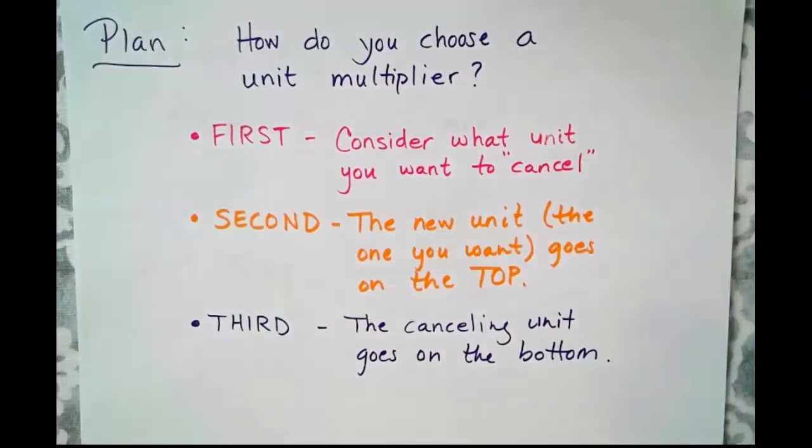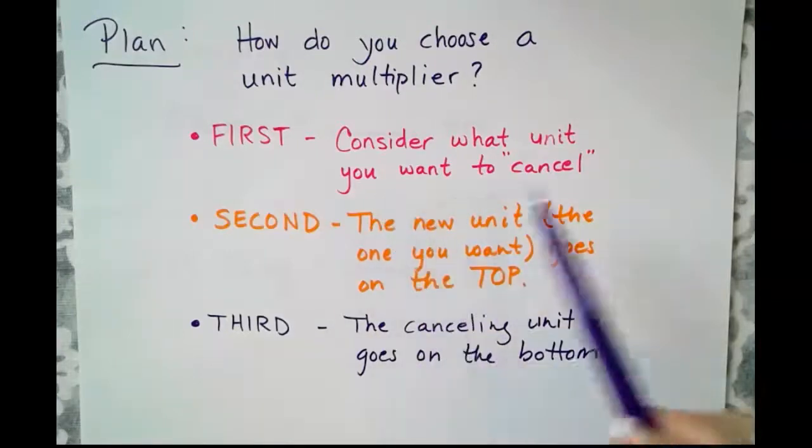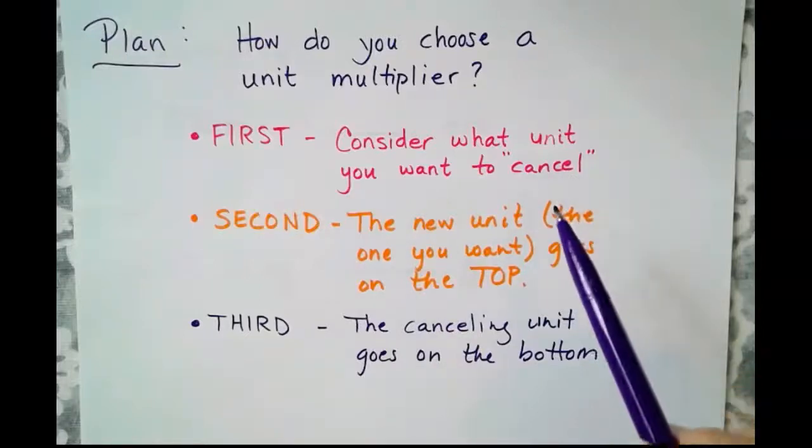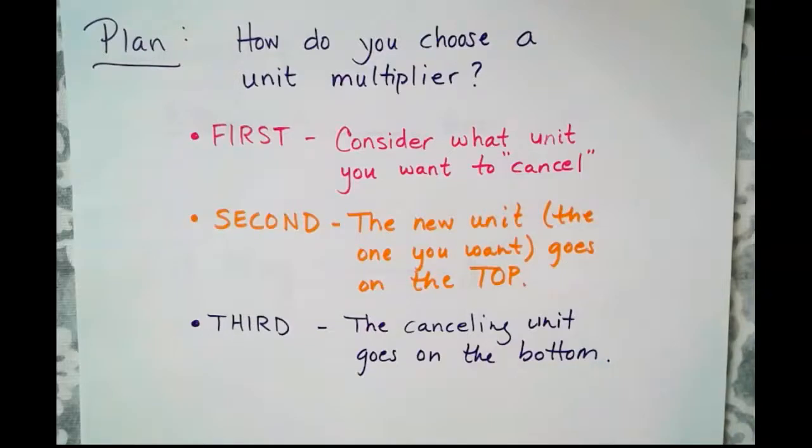First, let's make a plan, because that's going to be key in working through these problems, is choosing a good unit multiplier. So first, we're going to consider what unit we want to cancel. So if we're going from feet to inches, we want to cancel feet. If we're going from hours to minutes, we want to cancel hours.